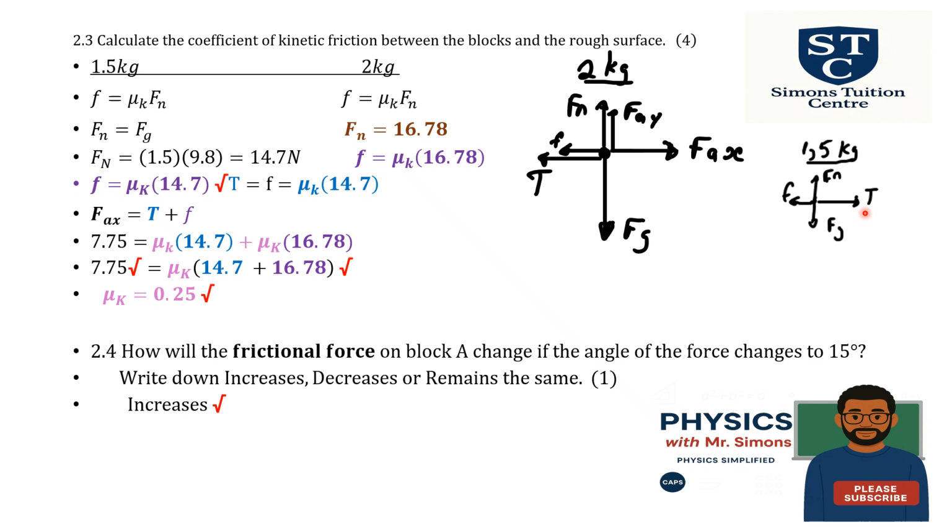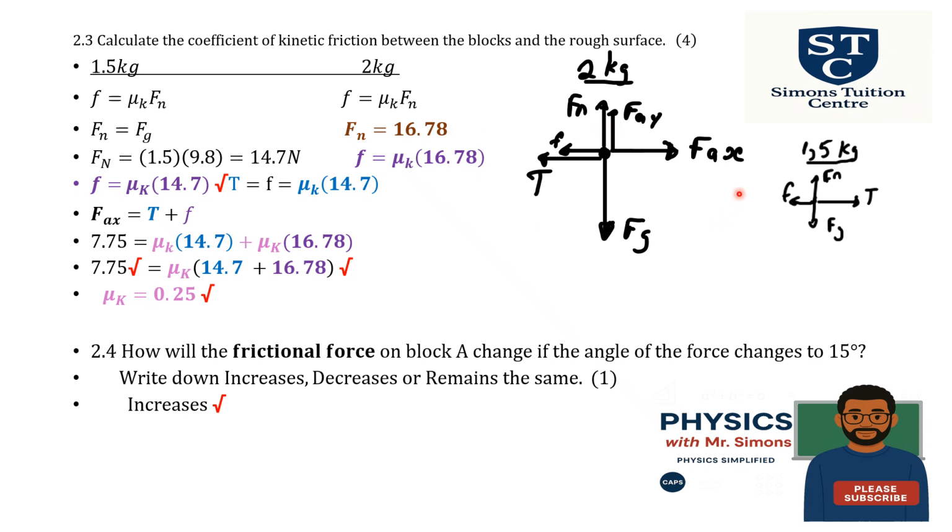So my tension equals friction, so that tension also equals mu k times 14.7. For the friction on the 2 kg, it's mu k Fn, my normal force was 16.78 N, so my friction is mu k times 16.78, because the normal force is 16.78.